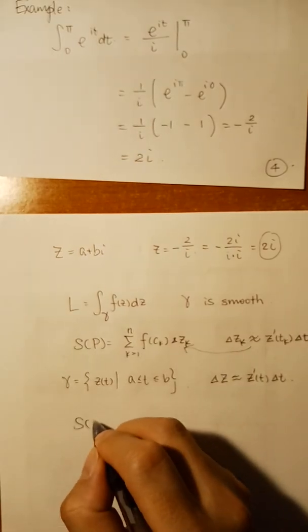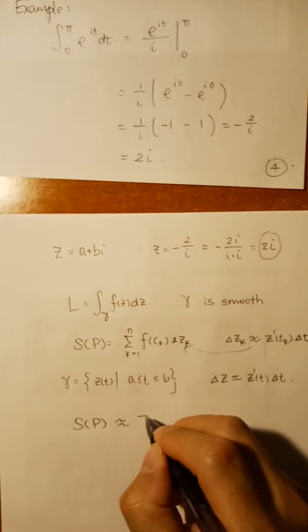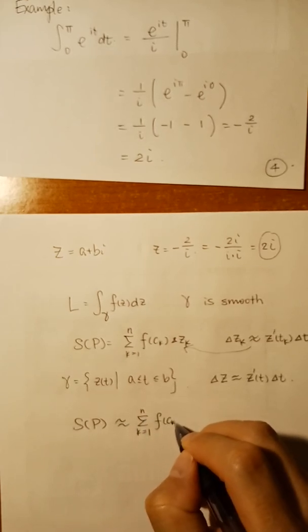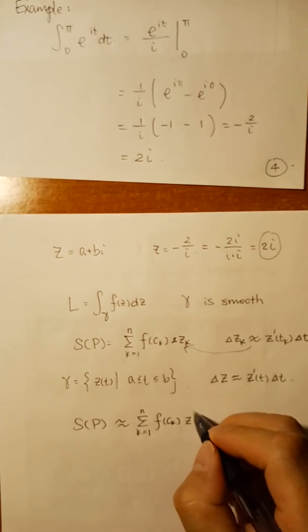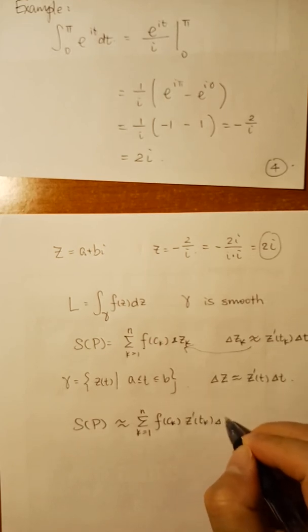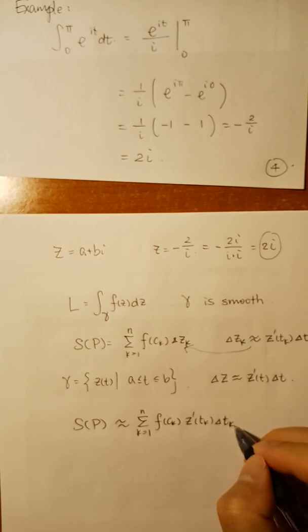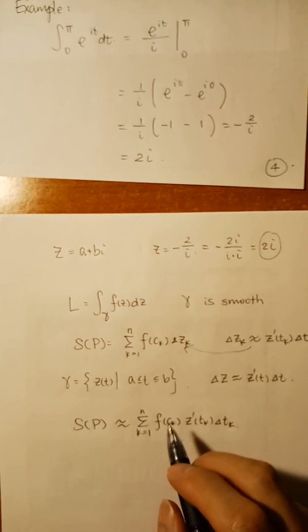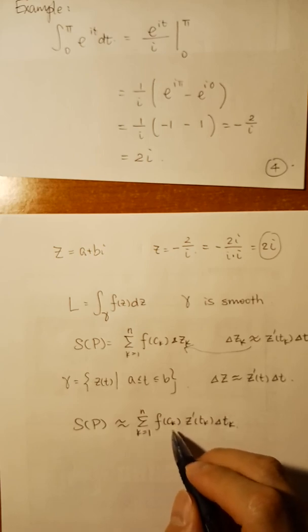So the Riemann sum is f(c_k) times z prime of t_k times delta t, where c_k is a complex point on the curve.